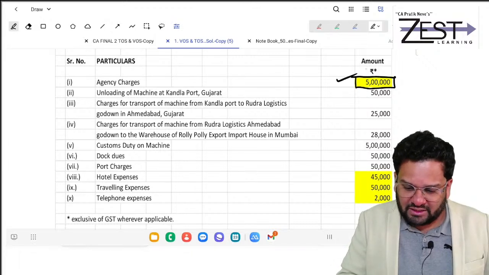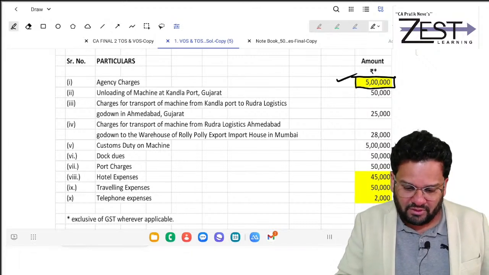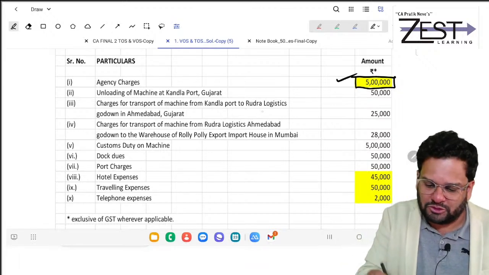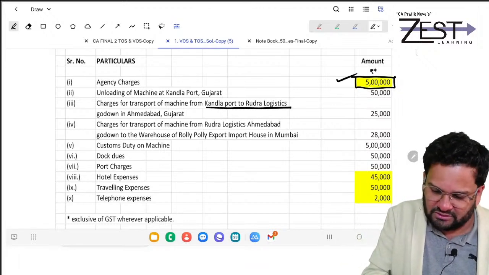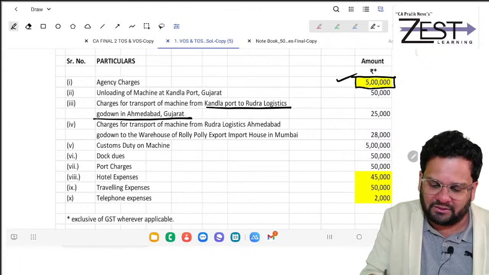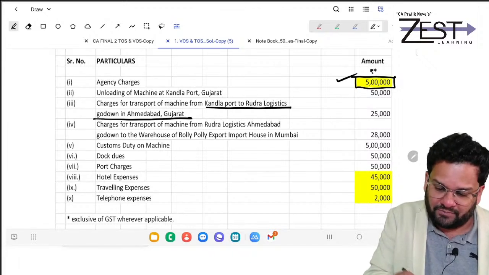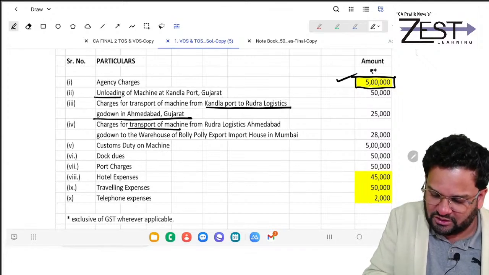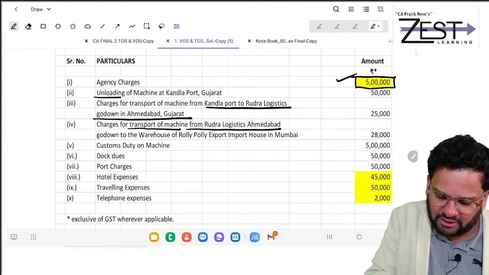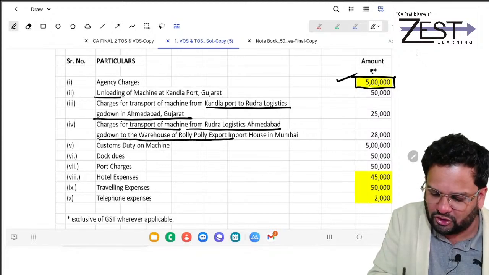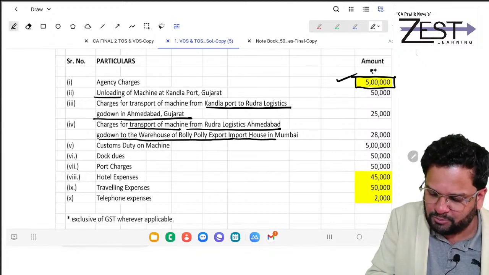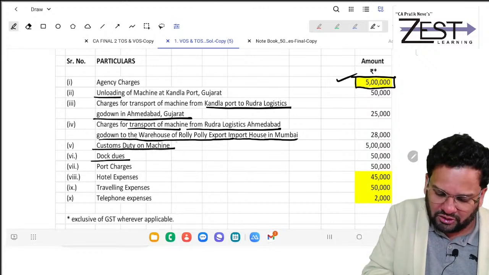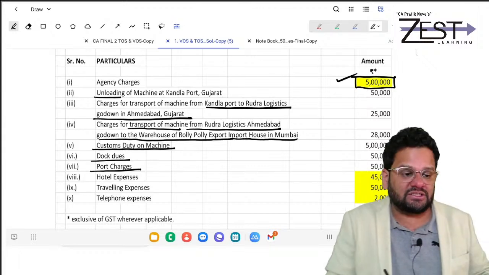Unloading of machine at Kandla Port, Gujarat. Charges for transport of machine from Kandla Port to Rudra Logistics Godown in Ahmedabad. Okay. Then charges of transport of machine from Rudra Logistics Ahmedabad Godown to warehouse of Rolly Poly Export Import House in Mumbai. Customs duty on machine, dock dues, port charges.